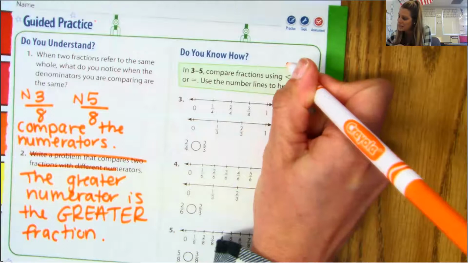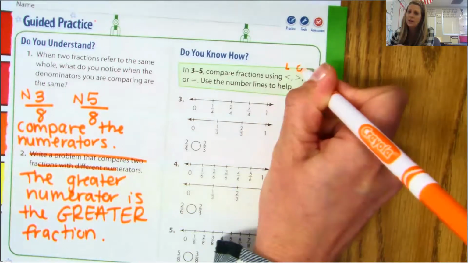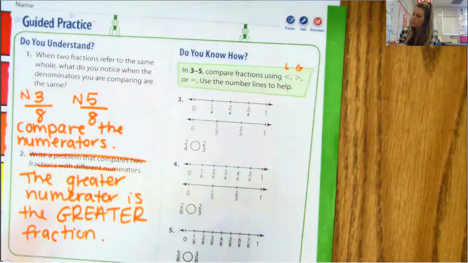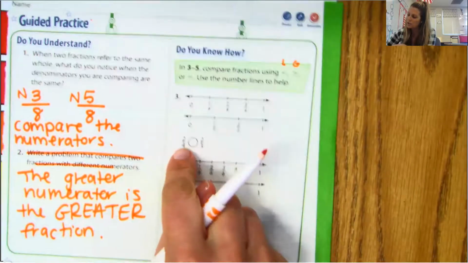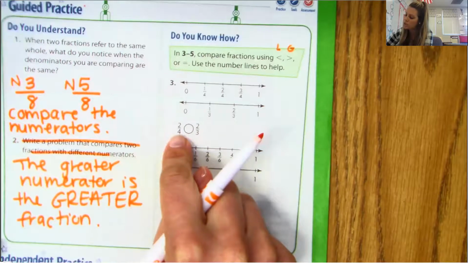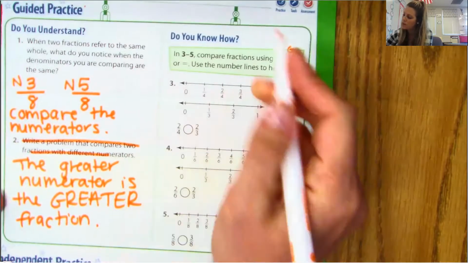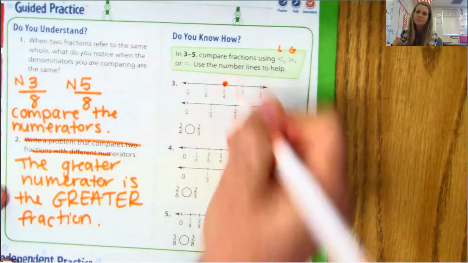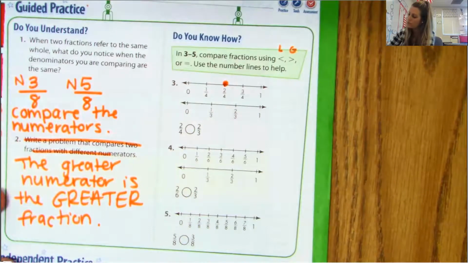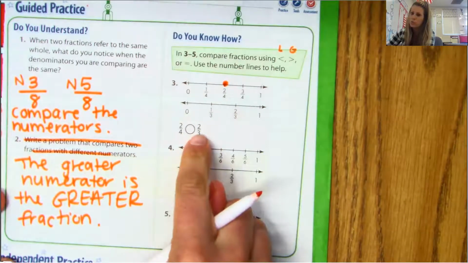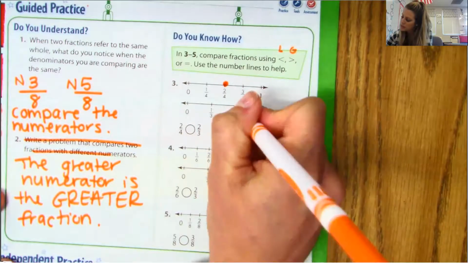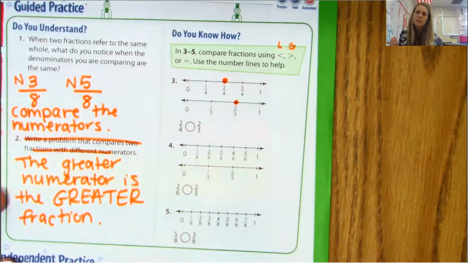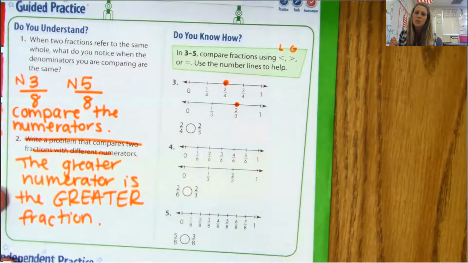Less than, greater than, or equal to. All right, so we've got our fractions. We've got 2/4. So on our number line, we're just gonna mark 2/4. And then we've got 2/3. So on our bottom one, we know it's split into 3 equal pieces. So we're going to plot 2/3.